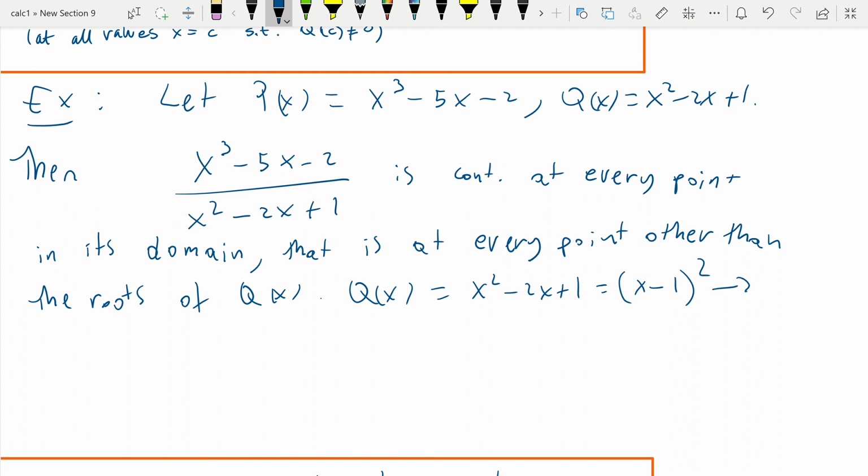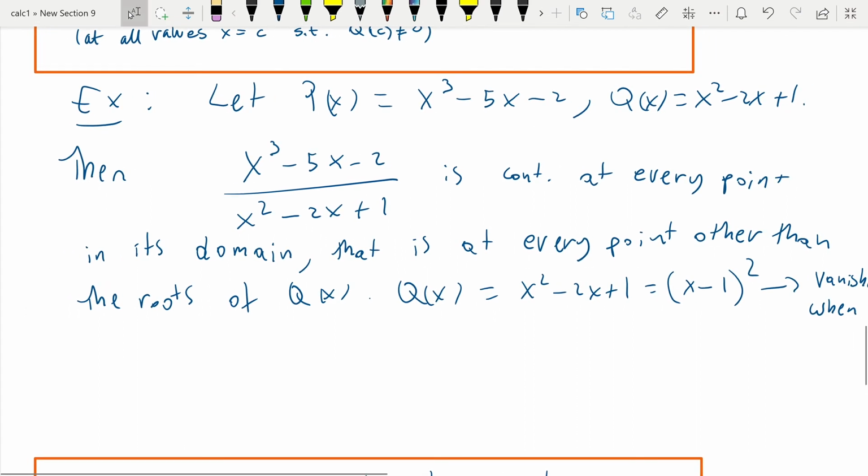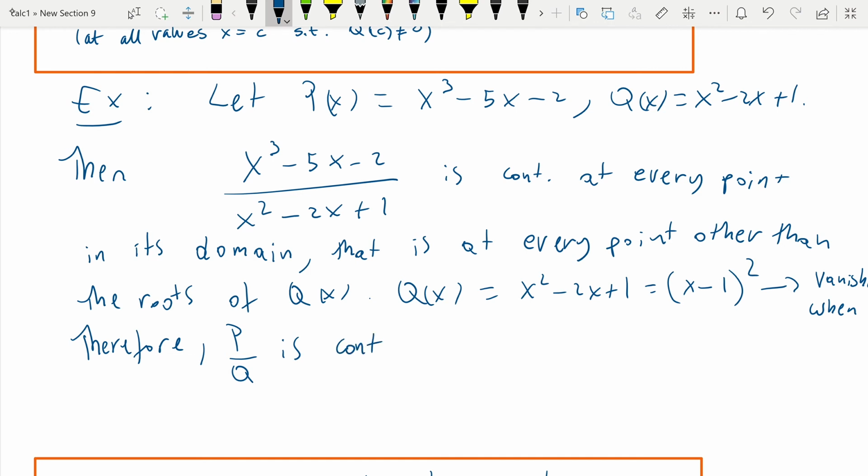And this vanishes only at x equals 1. So this function is continuous everywhere in the whole real line, except at 1.